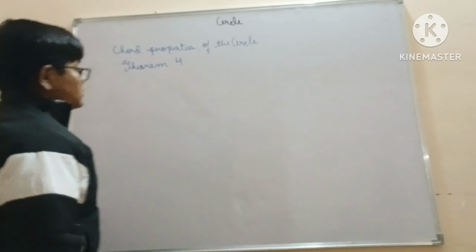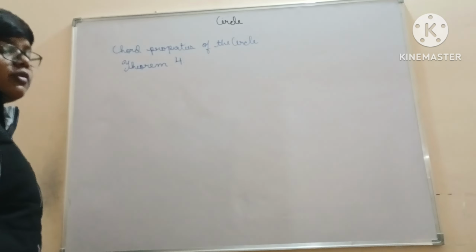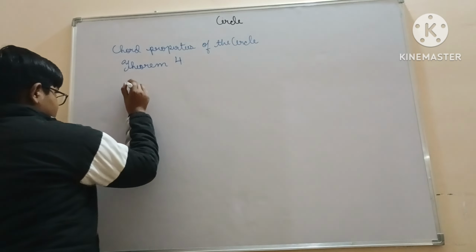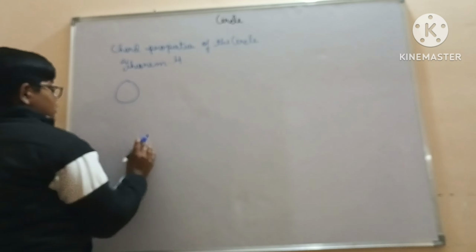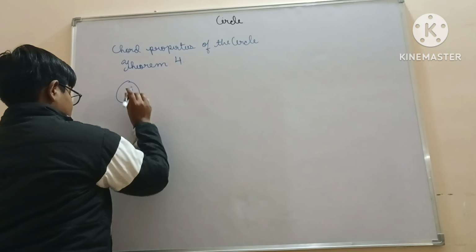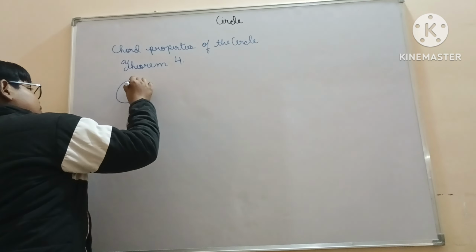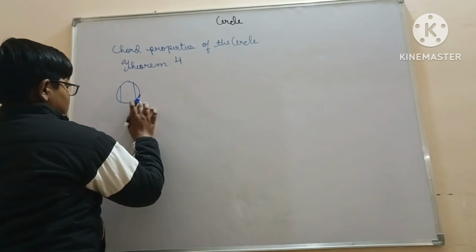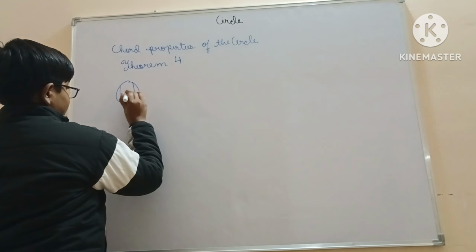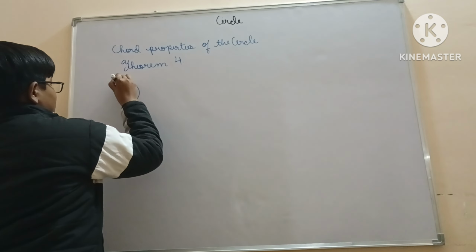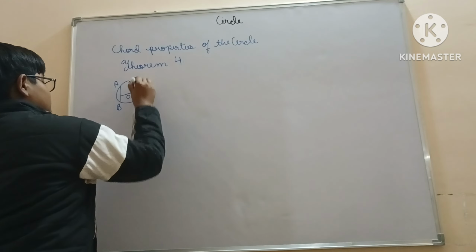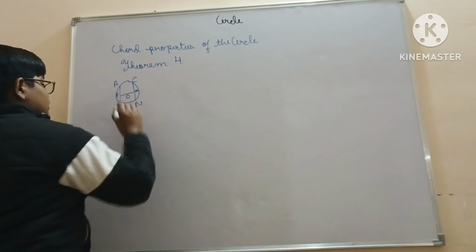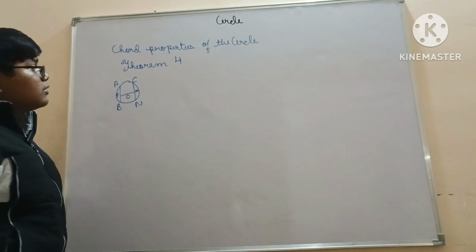So we are moving on to theorem number 4 of the chord properties of the circle, which states that the chords which are equidistant from the center of the circle are equal to each other.